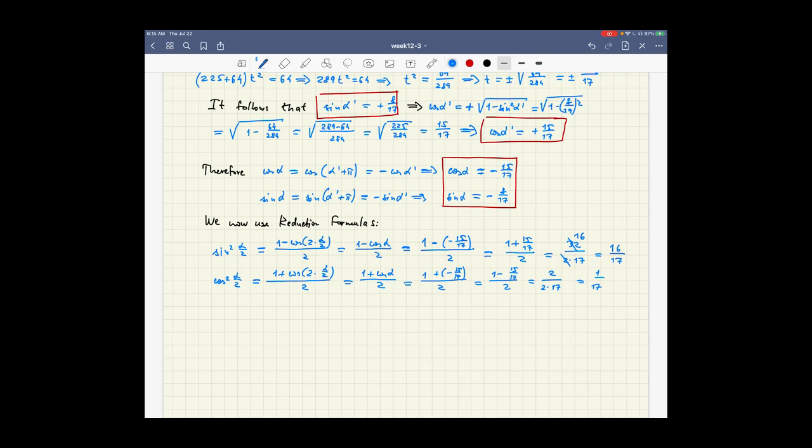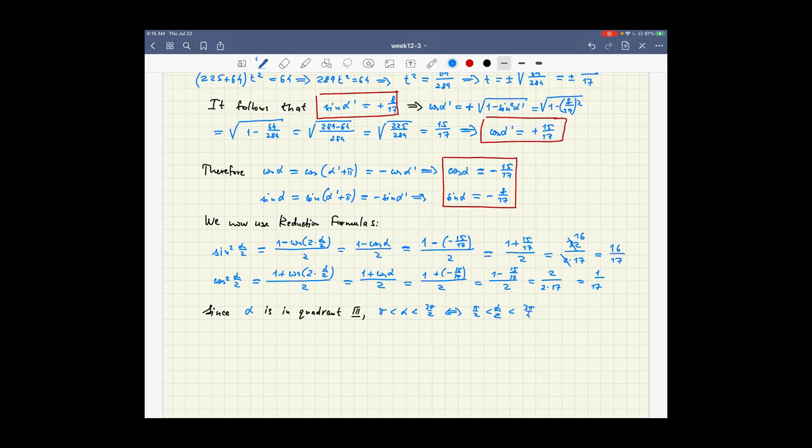Now we need to understand the quadrant in which alpha over 2 is before we take square roots. Well, the argument is this. Since alpha is in quadrant 3, that means that alpha is between pi and 3 pi over 2, but that is equivalent to alpha over 2 being between pi over 2 and 3 pi over 4.